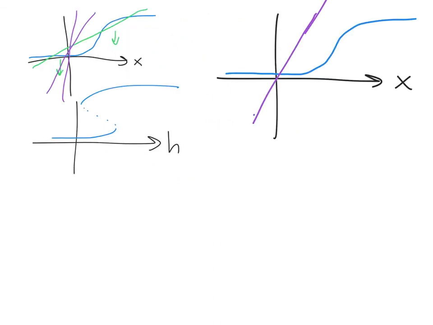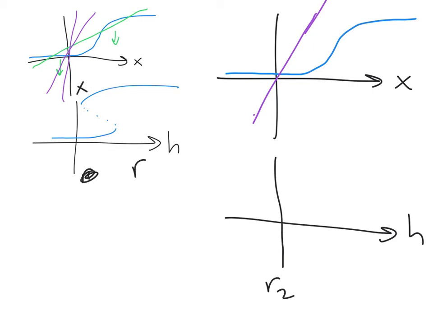So now we have this new value of the slope. I'm going to call it value r2, and this axis label is x, and it happened at value r2. And so now as we shift this up and down, we're still getting our bistability, I think, but we're barely getting it.